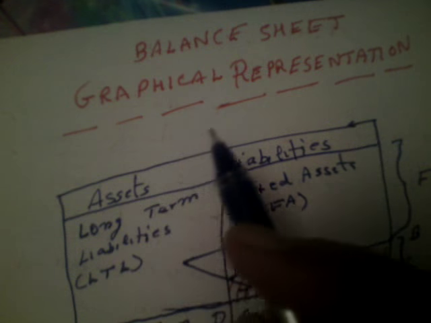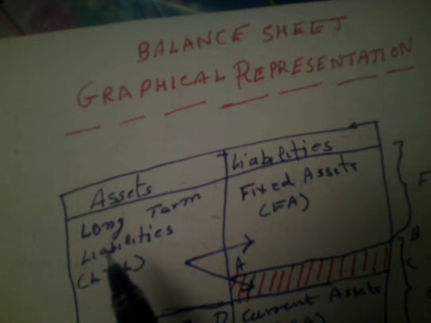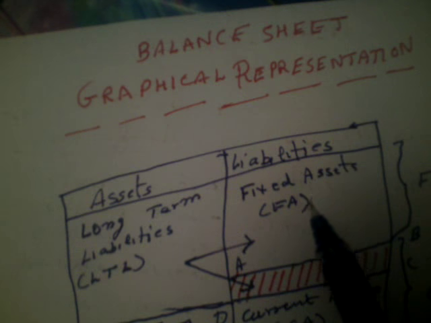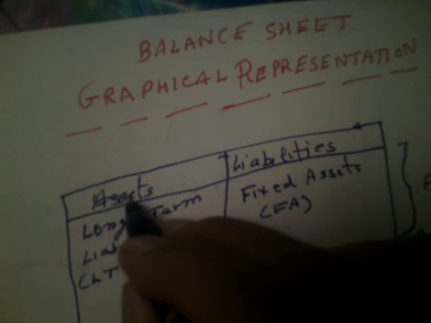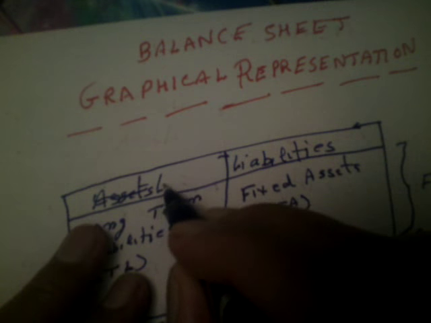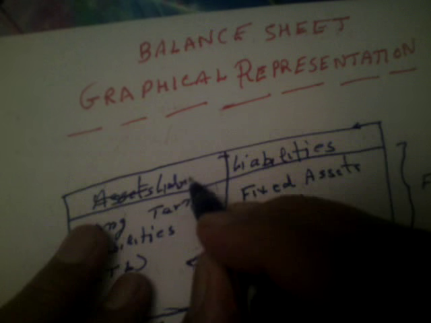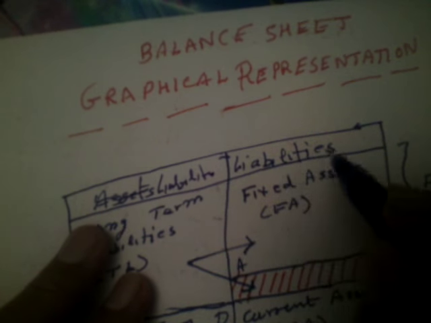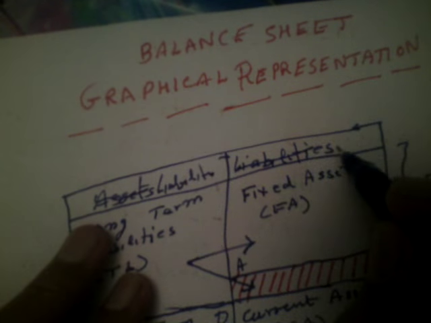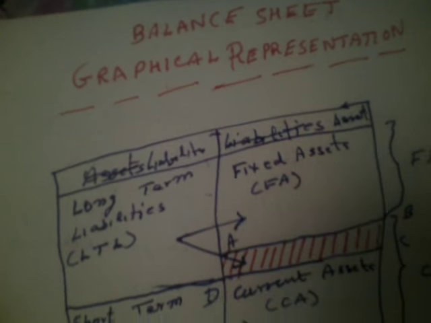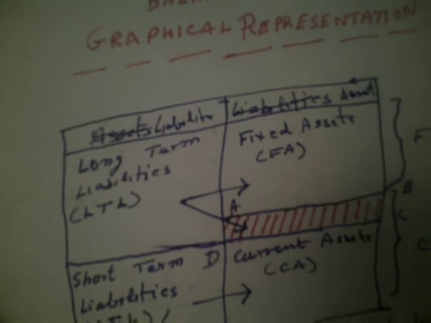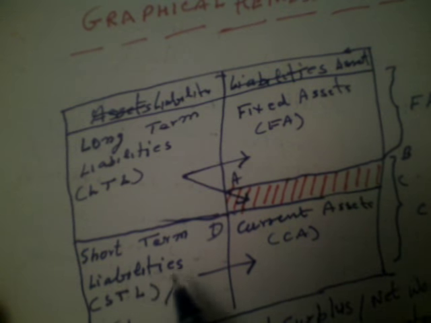So in the graphical representation, again, we can show assets and liabilities. This is actually the liability side, so it is not assets. This is the liability. On the other side it is assets. On the liability side, what are the liabilities? These are long-term liabilities and short-term liabilities.